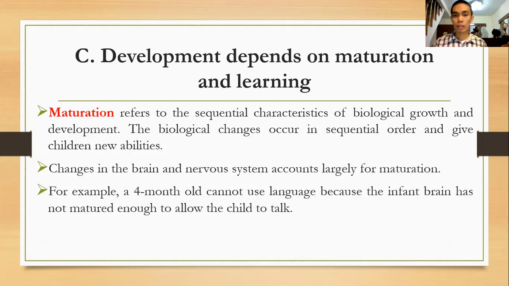Like in this example, a 4-month-old cannot use language because the infant brain has not matured. If that is already a matured person, they can use language. Since we are talking about an infant, they cannot speak in that stage. If they mature, they will. All right, so development depends on maturation and learning.